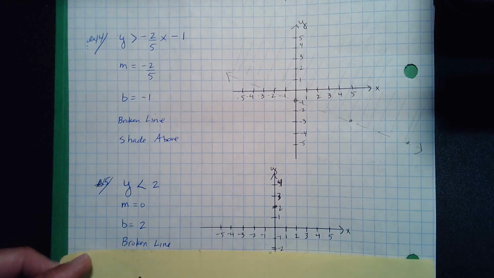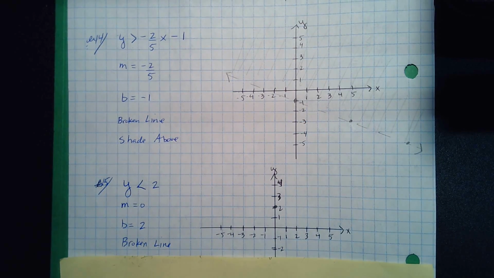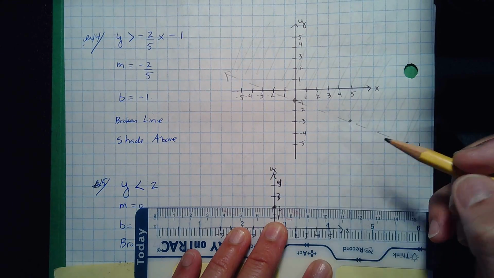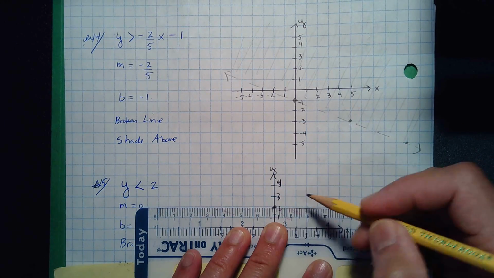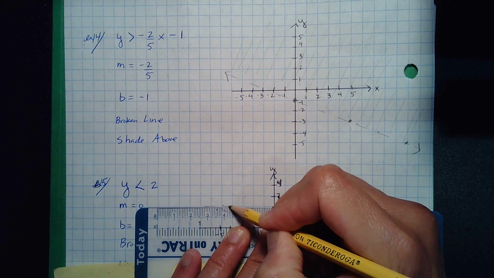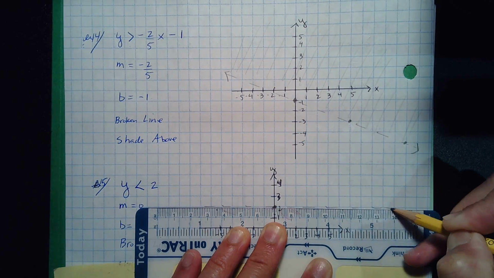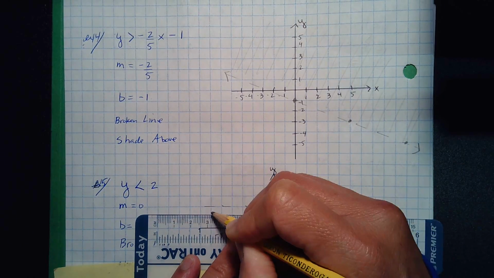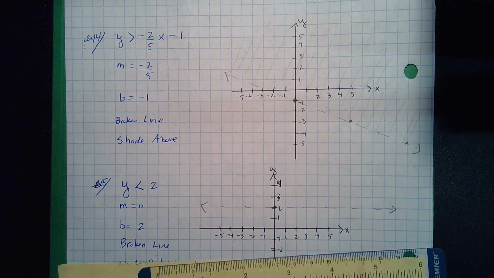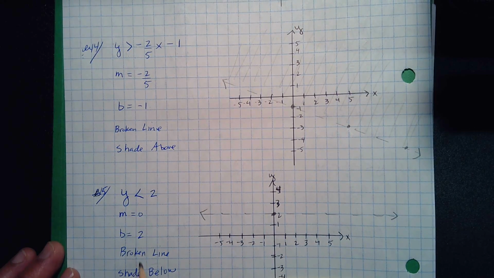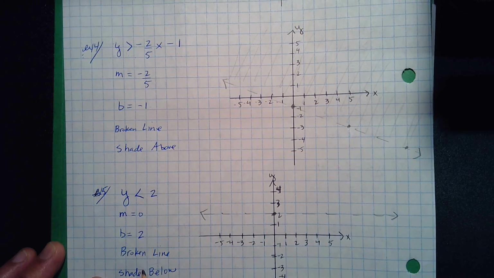The line is broken. So remember, when there's no x, we're not moving. There is no rate of change. It's constant. So there's our broken line. And then less than means we shade below. Less than, shade below. No equal sign, broken line.